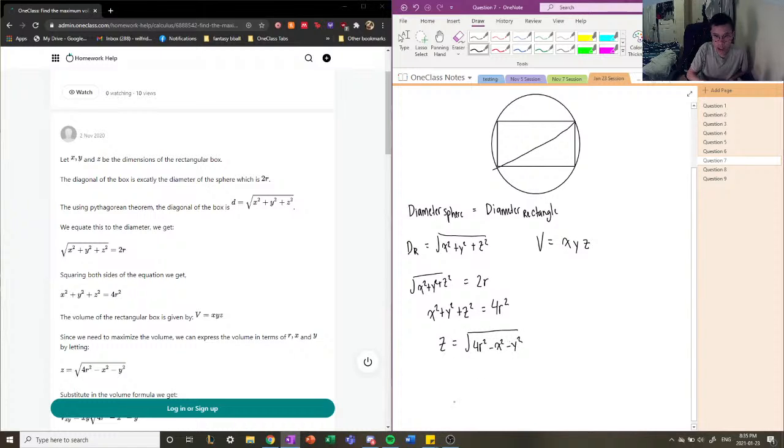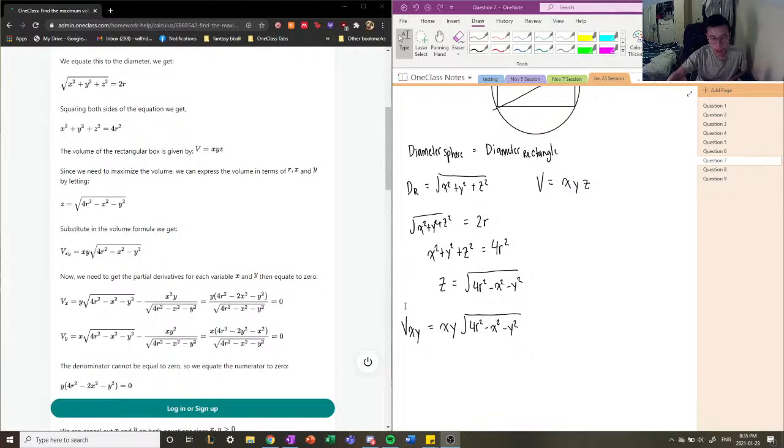Now we're going to plug this into our volume equation, and we get the volume of the rectangular box in terms of x, y, and the radius of the sphere is xy times the square root of 4r squared minus x squared minus y squared. Okay? So does that make sense so far, I guess?